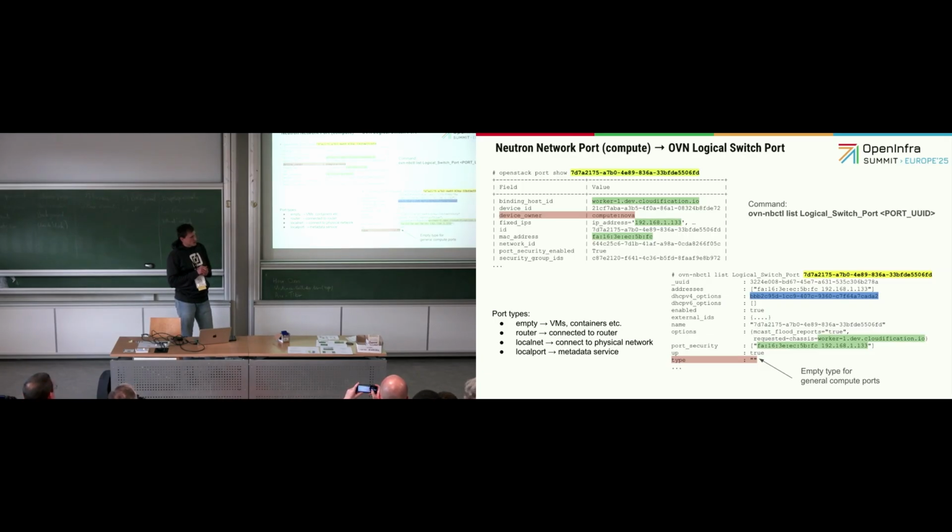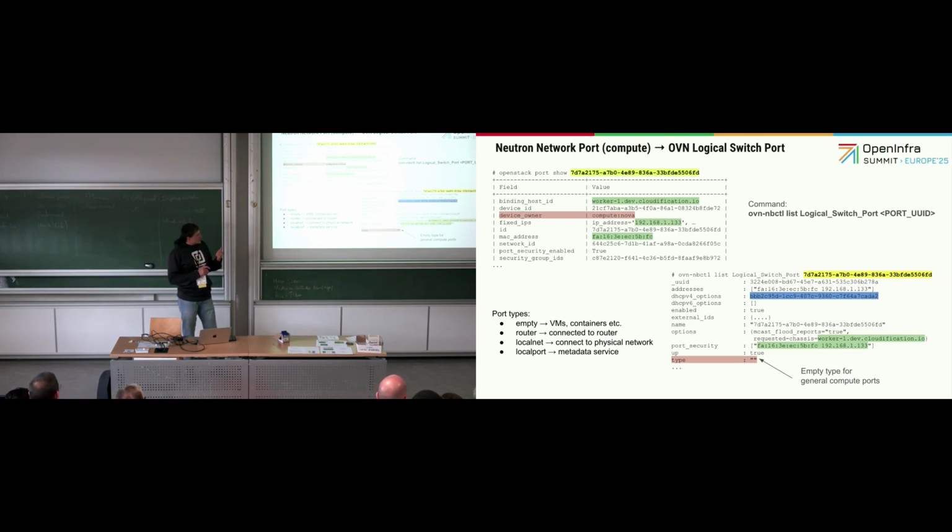If you check the official manual for the OVN architecture, you will see that there are around 10 different types, but in most cases we're interested in this one, in this port. Usually you will see an empty field, which means this is a virtual compute port for a virtual machine or container, or something like that.